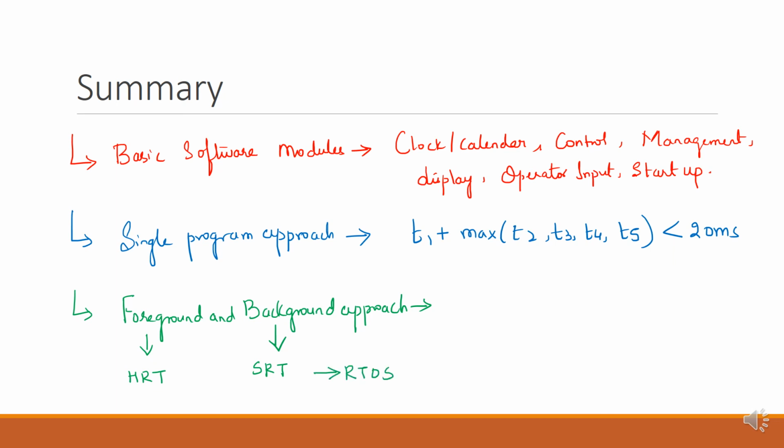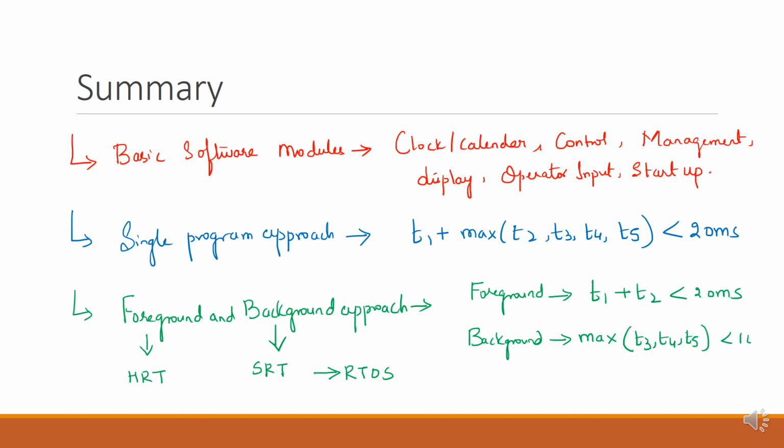The requirement for the foreground, which is the most important thing to be understood, since we separated hard and soft, is T1 plus T2 less than 20 milliseconds. For the background you can write that the display module runs at every 10 seconds and so on, or we can simply write max of T3, T4, T5 less than 10 seconds.